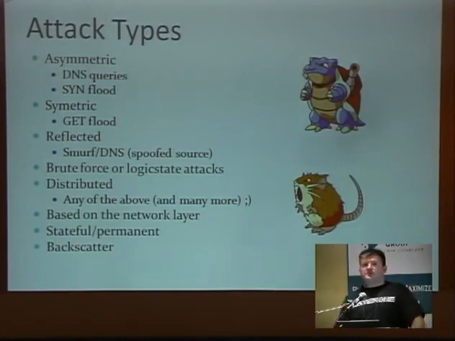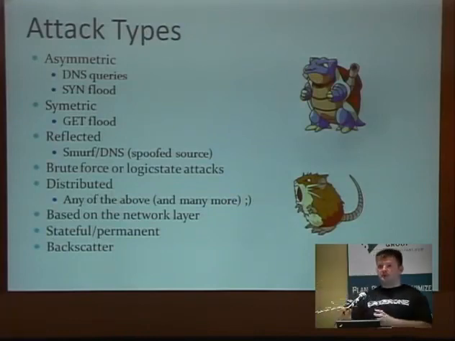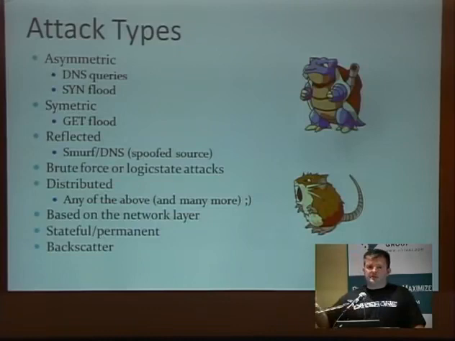So if I send a DNS query to this DNS server over there, and I forge my source IP to be your IP because I'm attacking you, I'm going to send 50 bytes, or actually 64, and then it will send 512 to you. So here I immediately gained a 1 to 8 advantage. If I can send 1 megabit out to different resolvers, I can have 8 at you, and so on. So this is an example of an asymmetric attack.